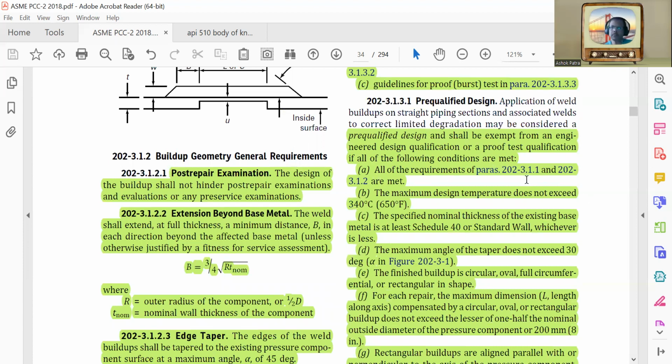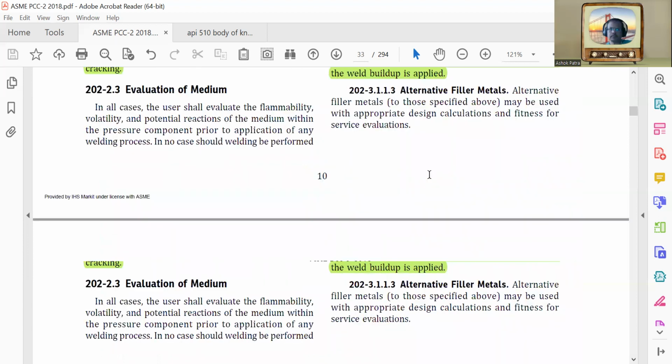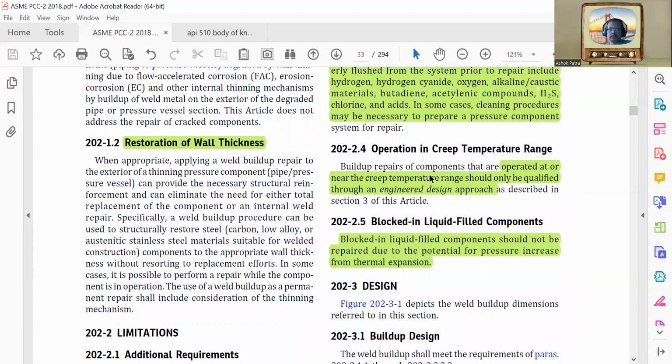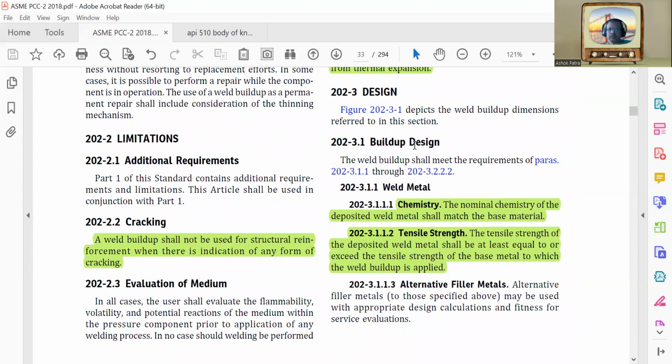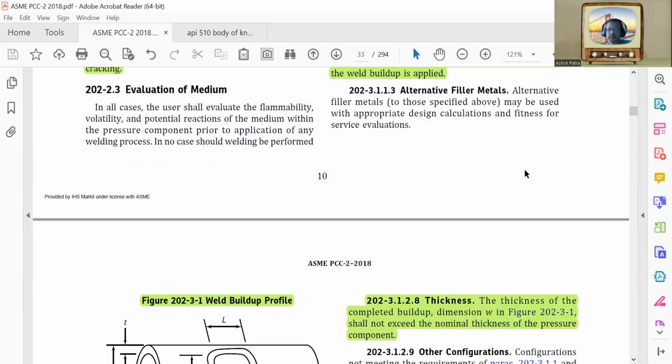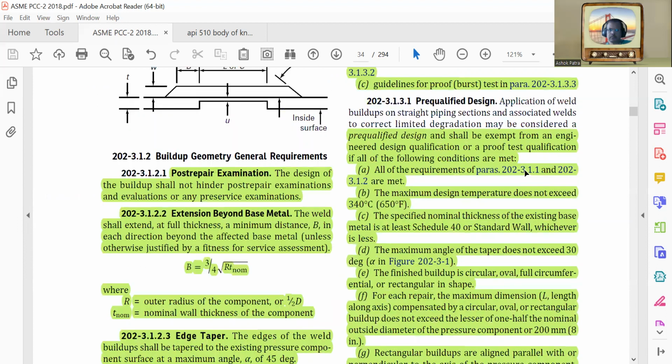All the requirements of paragraph 202-3.1.3.2 are met. D11 and 3.1.2 are met.